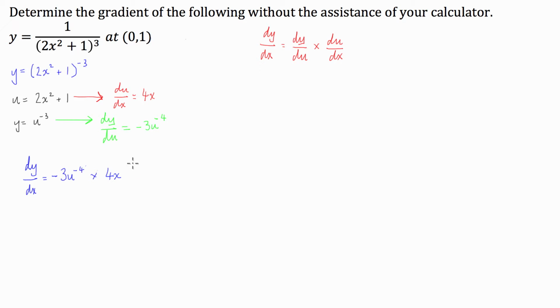So what we can do now is substitute our u back into the final equation because we know that u is 2x squared plus 1. So this is going to equal negative 3, 2x squared plus 1, all to the power of negative 4, times 4x.